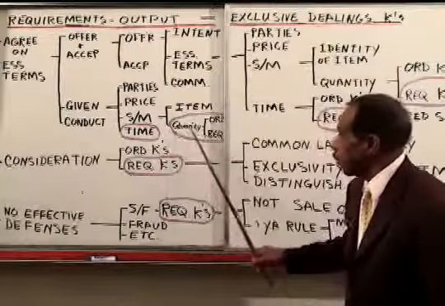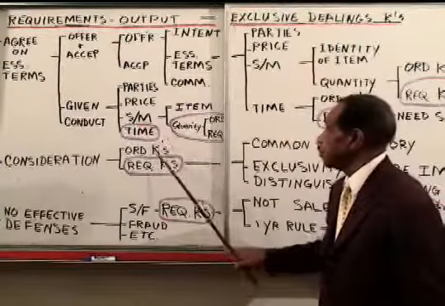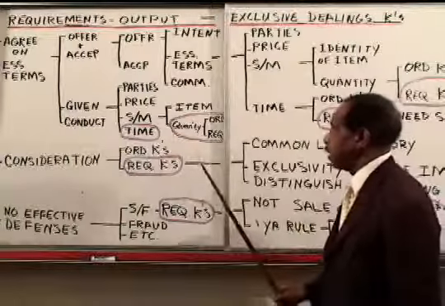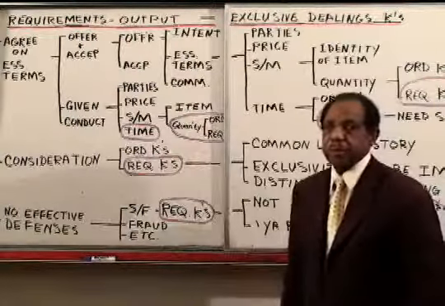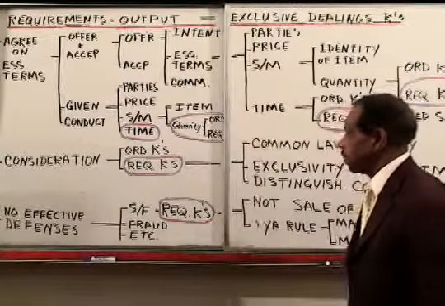So whether the quantity and the time are given to you or you have to establish them from the facts, these are issues that come up when you are forming a requirements contract.